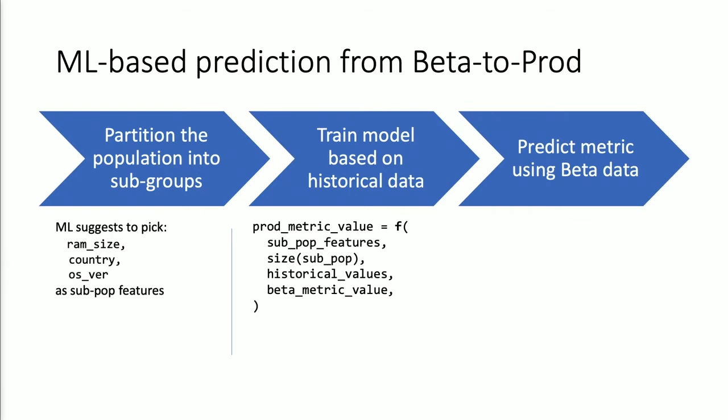Basically, we're trying to say, if you were a user in this subpopulation group and you have a beta metric of value x, what production value y should you expect? And then we apply the prediction based on the training. I didn't mention, we are also using the XGBoost model. So we're thinking about the same thing, kind of.